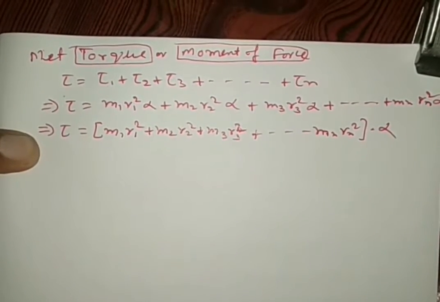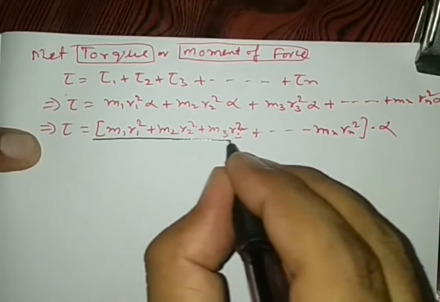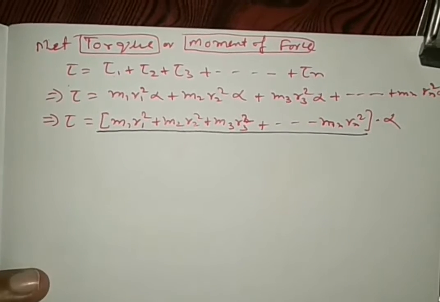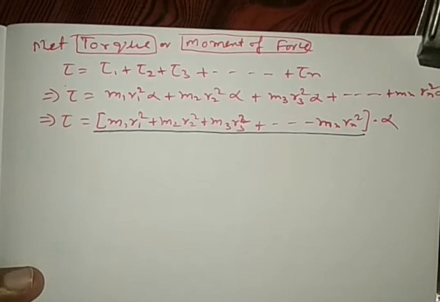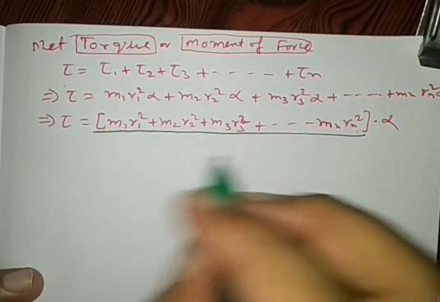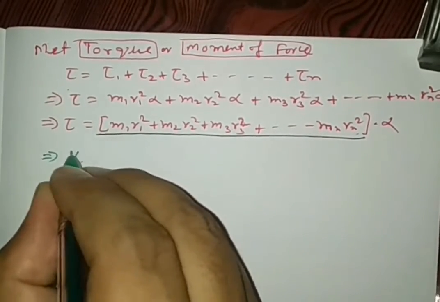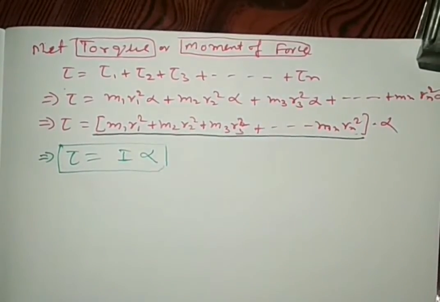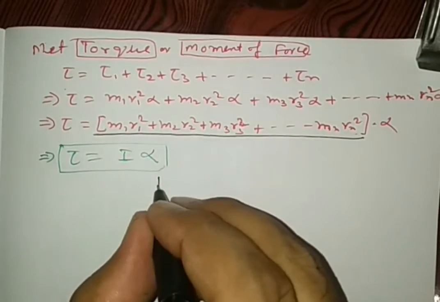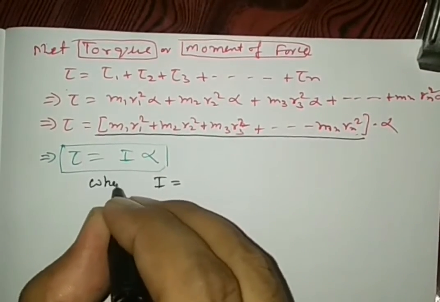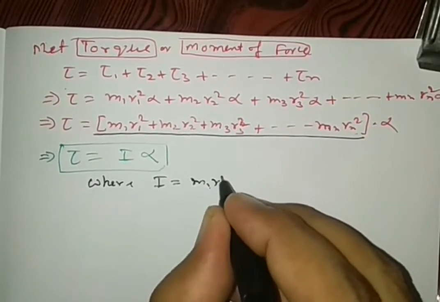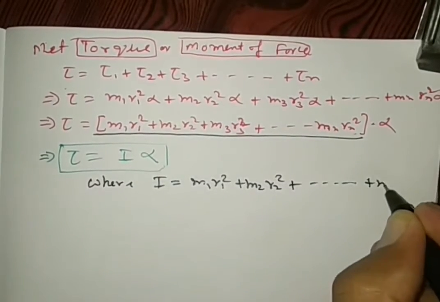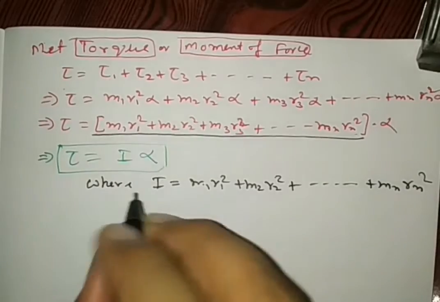See here the underlined term, m1 r1 square plus m2 r2 square plus m3 r3 square and so on. This total is equal to the moment of inertia of the body, so we can write tau is equal to I alpha, where I is equal to m1 r1 square plus m2 r2 square and so on plus mn rn square.